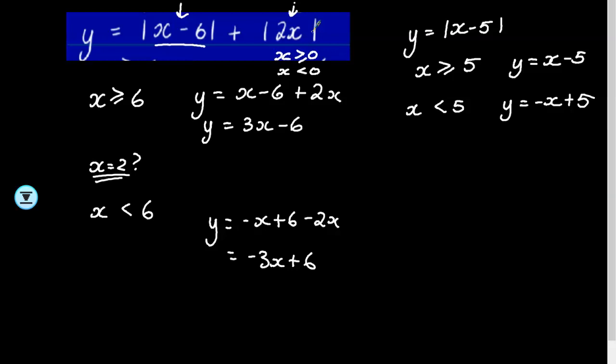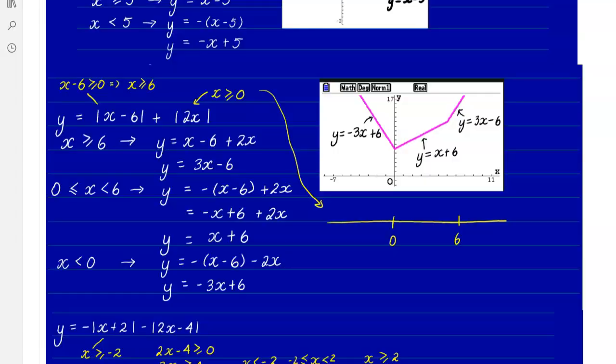So when we're talking about what happens if we're at minus 2, that one still gets taken care of. So when we're between 0 and 6, the first one will be the minus, but this 2x is unaffected. So you've got to suss out when is one affected, when is it not. I like to say, what are my boundaries here? And then I can find the one that's in between.